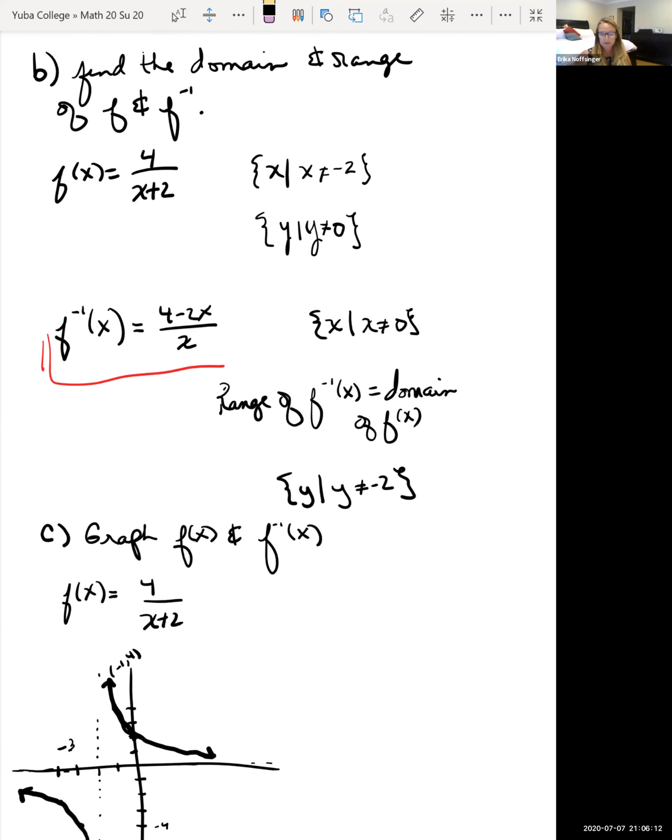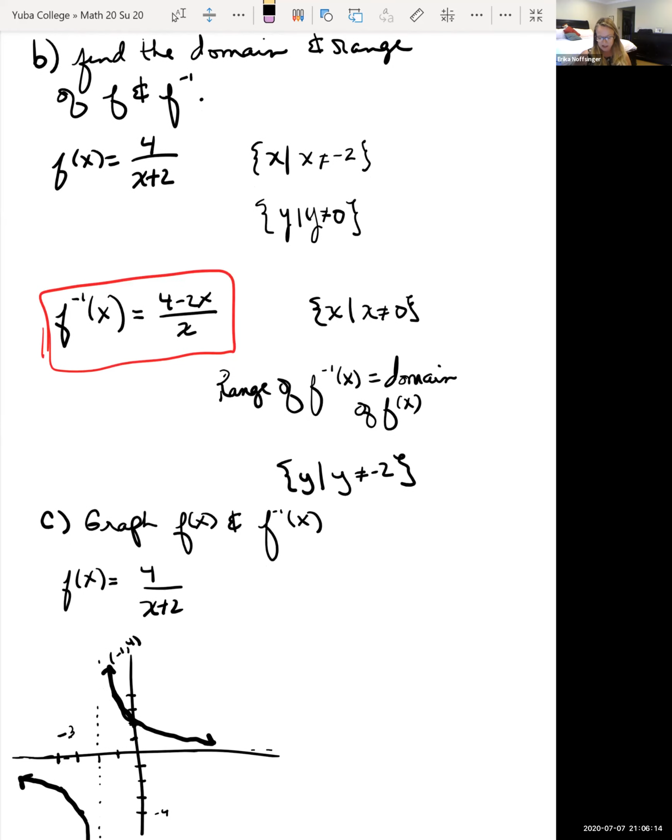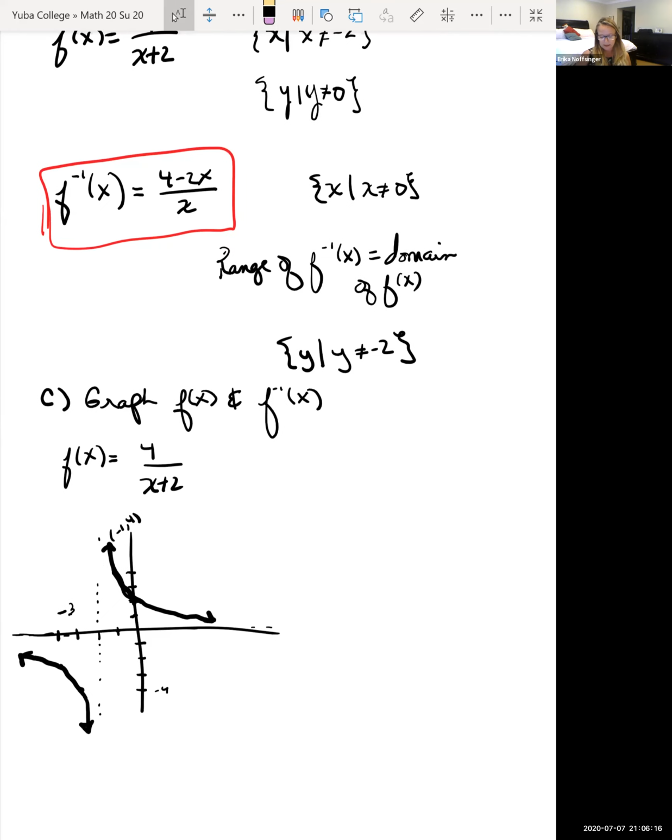We can graph this by swapping our x and our y value, or we can rewrite this a little bit. If I broke this up as 2 separate fractions, my f inverse of x could be rewritten as 4 over x minus 2x over x, but those x's can cancel, leaving me with a -2.